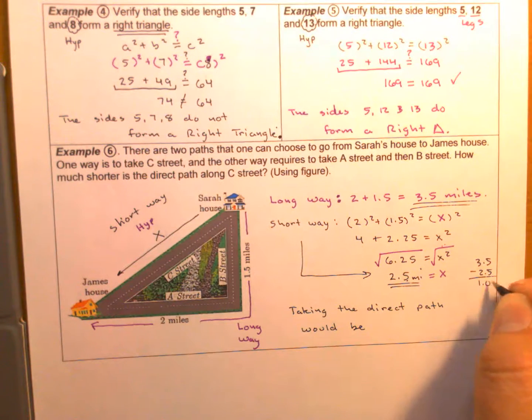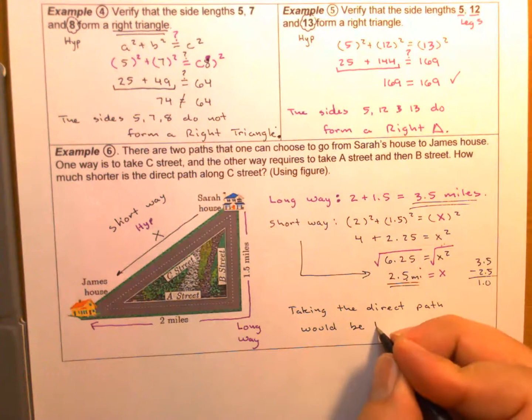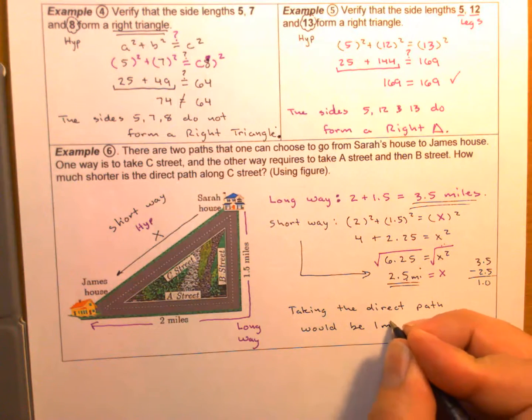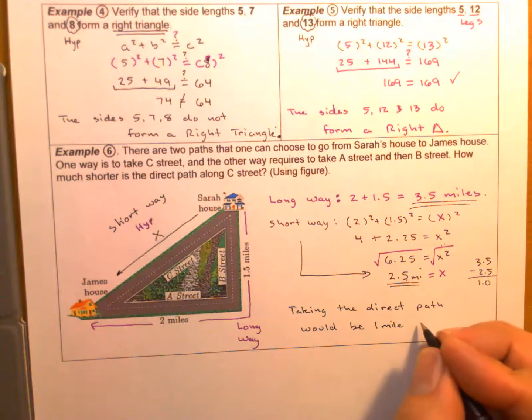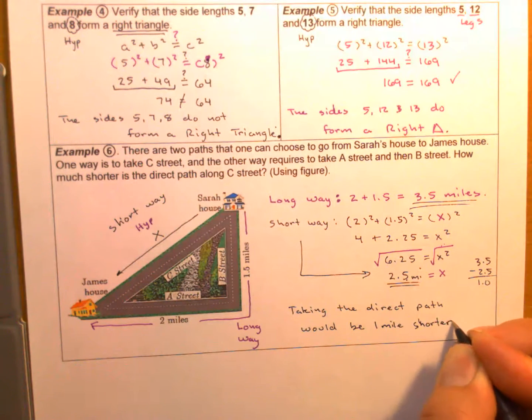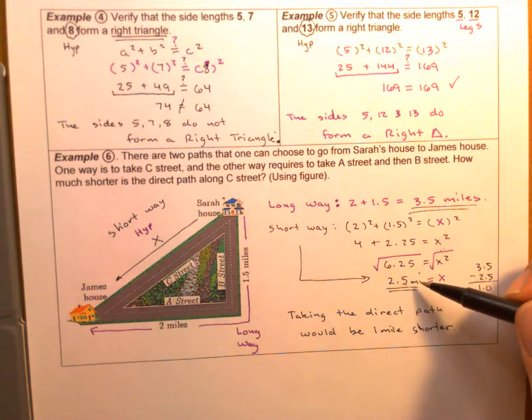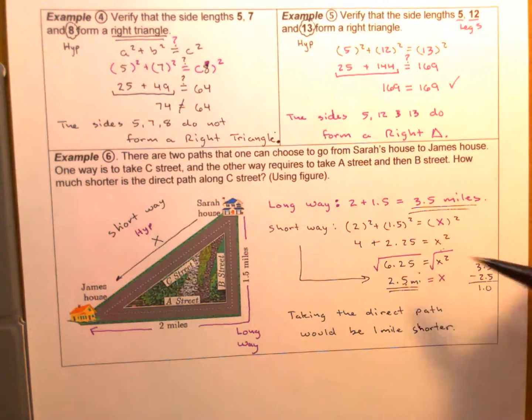And notice how that's just, you would be 1 mile. Taking the direct path would be 1 mile shorter. So yeah, we used Pythagorean to find that distance, but if you read the question carefully, they actually wanted me to subtract. So look out for that when you do the classwork.